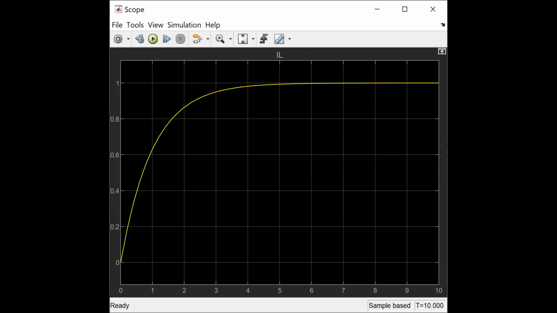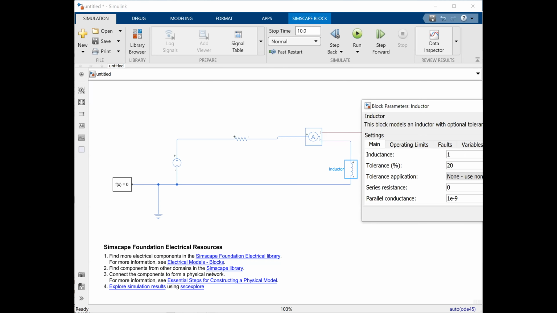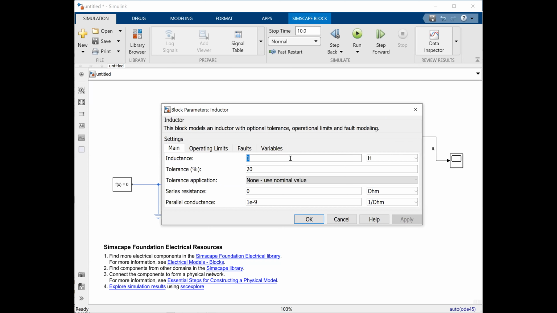All right, now let me go back and change the inductance value. Let me show you that. So inductance value is now 0.5.